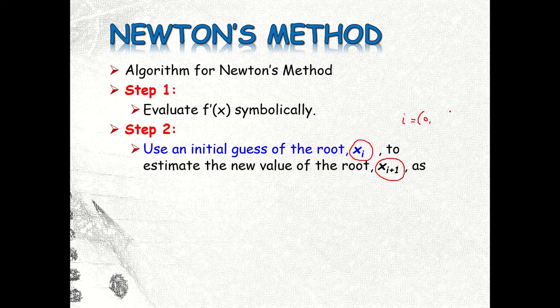So you can have your I from 0 to any number. This is given by Newton's method formula: x sub I plus 1 equal to x sub I minus f of x sub I divided by f prime of x sub I. All right.